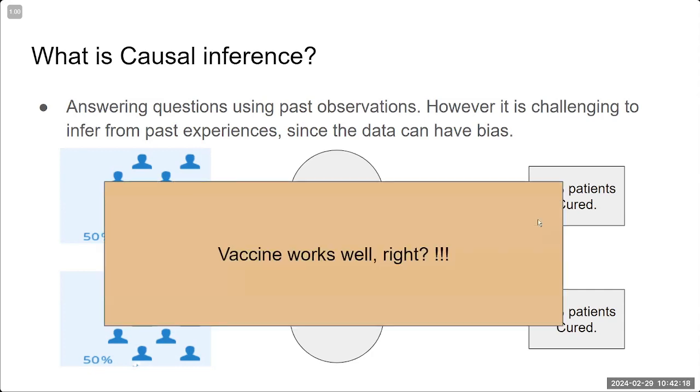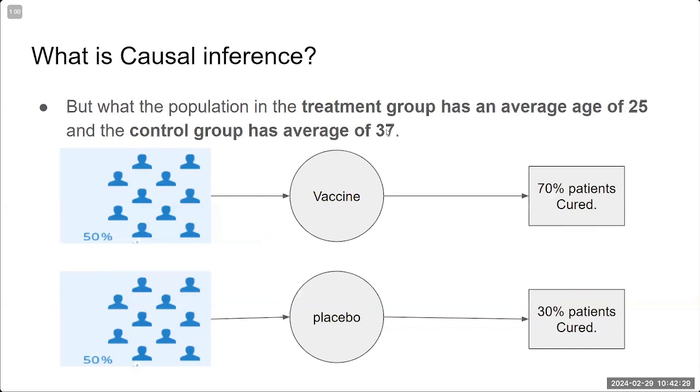So you can say that the vaccine works pretty well, right? But there is a catch, because the data is past data. We do not have control over the quality of the data. So let's say that the treatment group has an average age of 25 and the control group has an average age of 37. As this data comes from previous observation, it is messy, and we do not have control over this age. So that would be a problem.